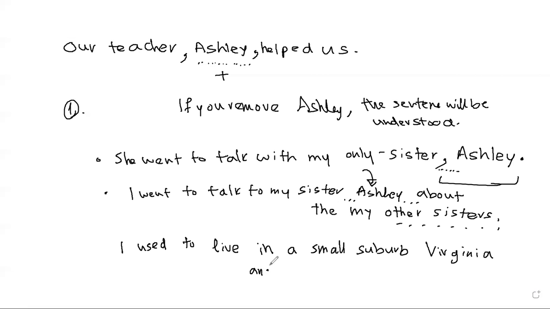And I was happy there. So the word Virginia isn't important to our discussion. So we're just going to put commas before and after it, because think of it, if you remove Virginia or whatever it is that's in between the commas, not only will the sentence be understandable, it'll be correct as well.